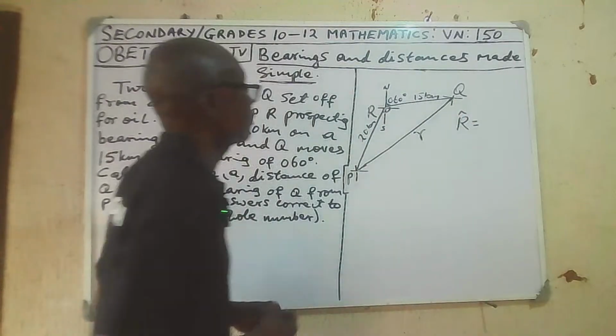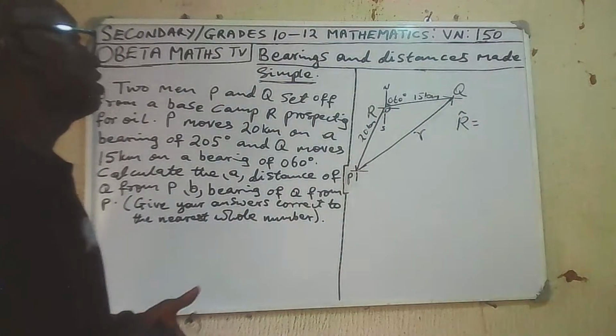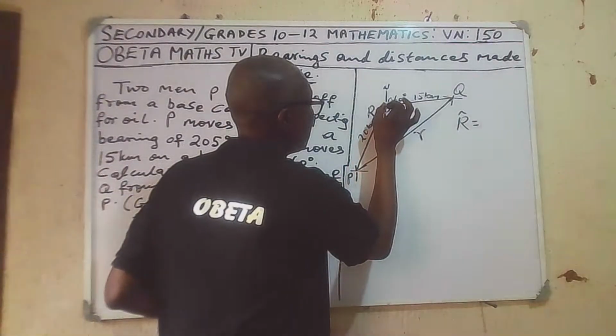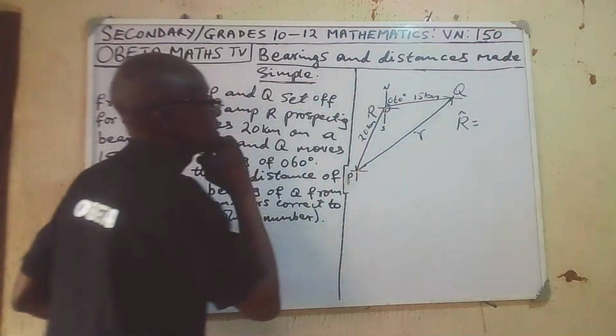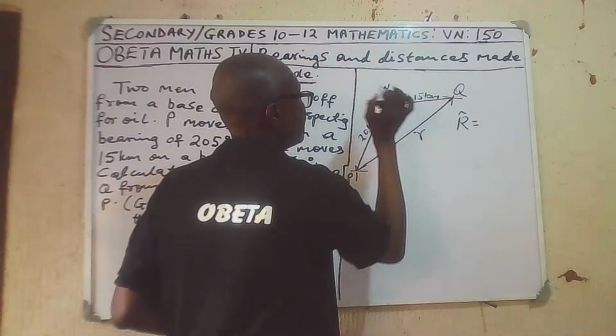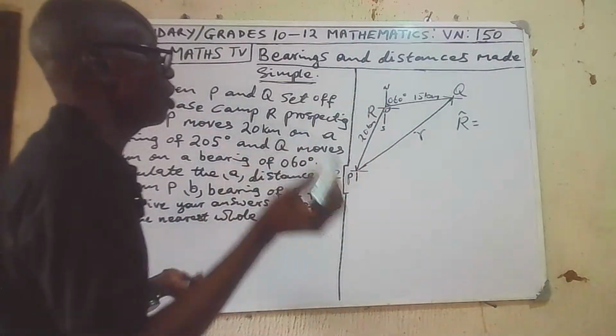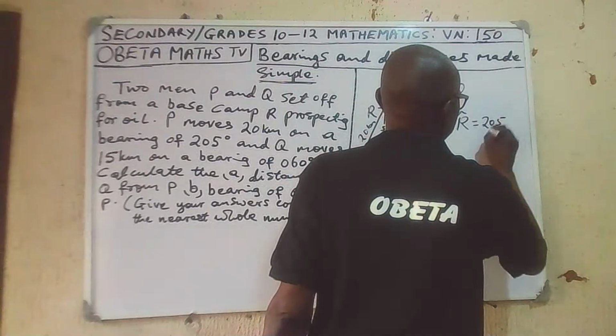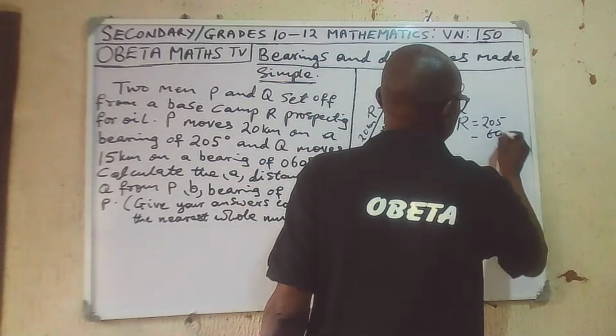To find angle R, you have to subtract 60 from 205, because 205 is from here to this line, while only from here to here is 60 degrees. So that means 205 minus 60.